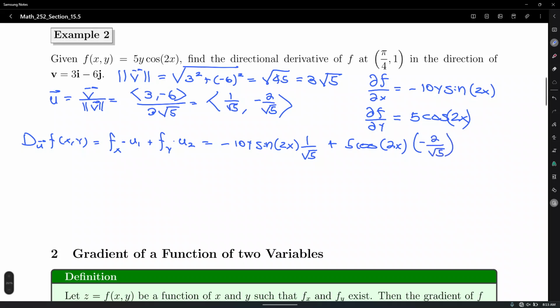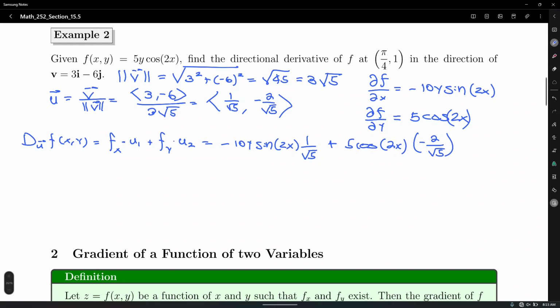All right? So we have an expression already that is going to give us the slope in the direction of the given vector at your favorite point on the surface. Of course, as long as that ordered pair we're given is in the domain of the function.